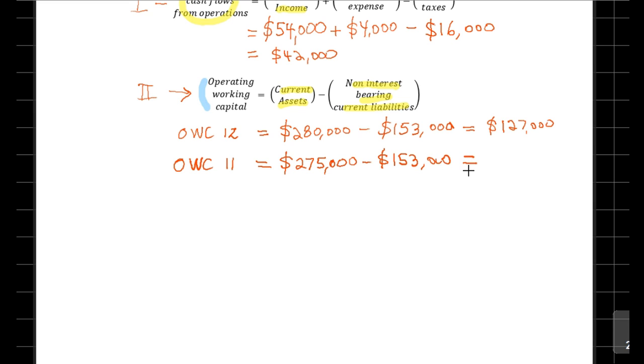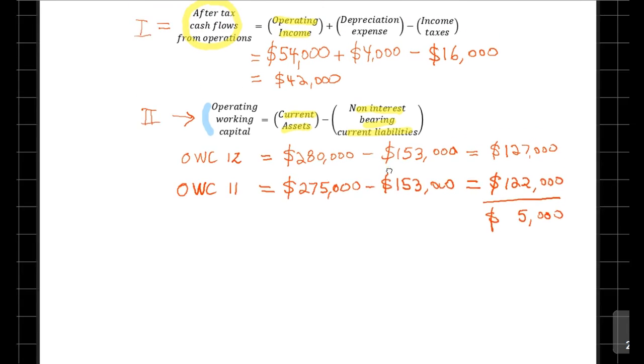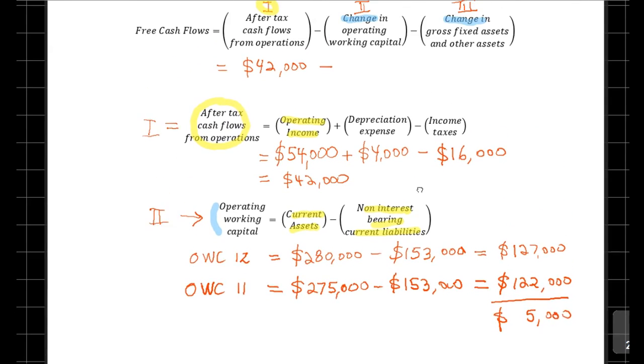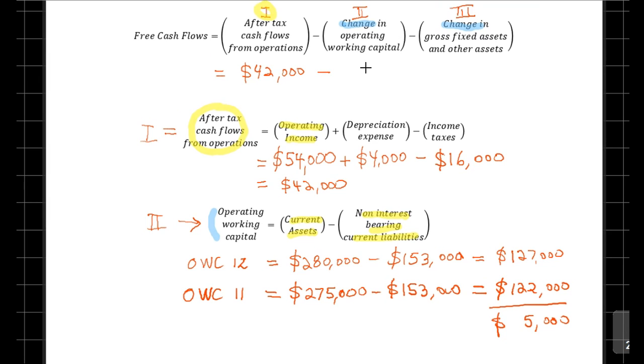That would give us 122. Looking at the difference, we realize the change in operating working capital is but $5,000. So now we can scroll back up and input that $5,000 into our equation.